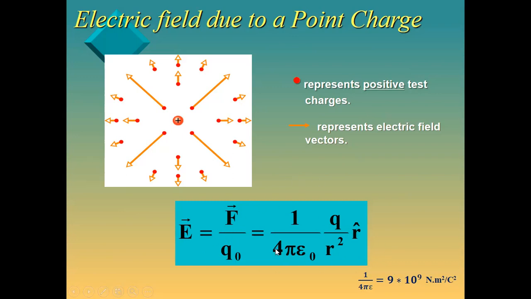In this case, we can get this equation, which is 1 over 4 pi epsilon times Q, which is the charge in the center, over R square, where R is the distance between the charge and the point that we want to find the electric field on, in the direction of R. And 1 over 4 pi epsilon is a constant called the Coulomb constant, which equals 9 times 10 to the power 9 Newton meter square per Coulomb square.